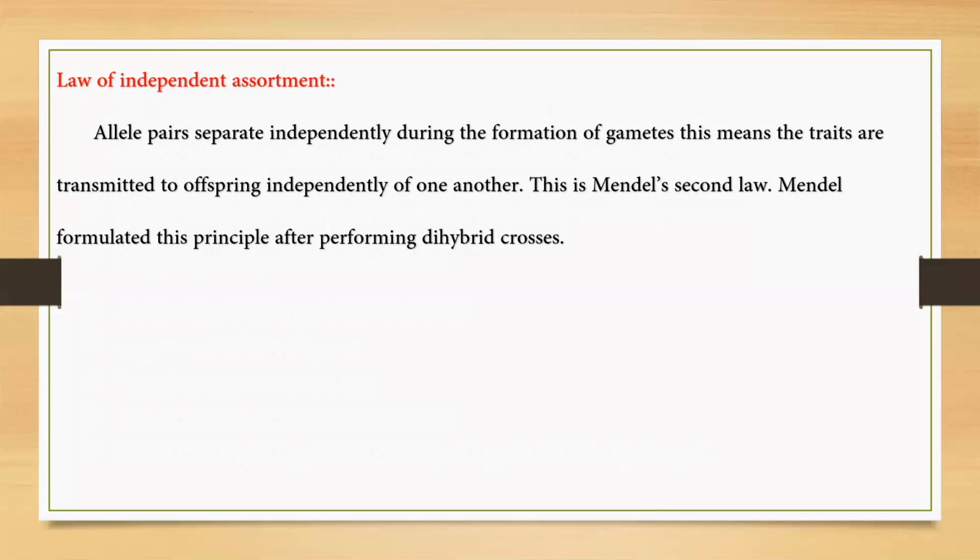Mendel formulated this principle after performing the dihybrid cross. A pair of characters separates independently during the formation of gametes, even though they are present in the same cell. So this is about the law of independent assortment.